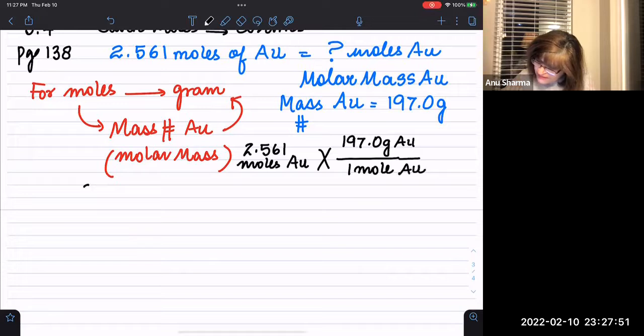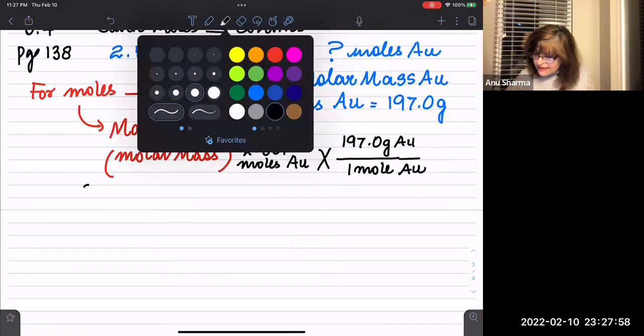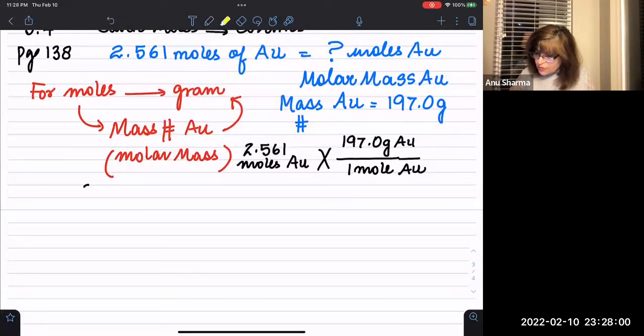So this piece is the molar mass of gold. Here you are taking the information on the gold, 197.0, actually that is grams per 1 mole.